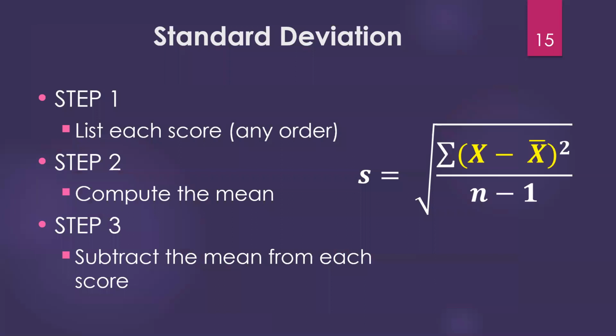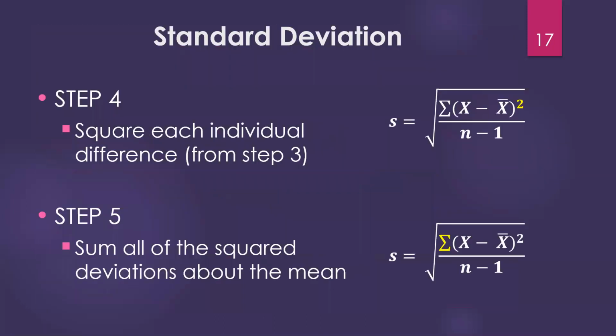Okay, so recap. So far, we've gone through this part, this yellow highlighted part of the formula. We've listed all of our X's for step 1. We've calculated the X bar for column 2, and then column 3, or step 3 here, is our X minus X bars. Okay, what next?